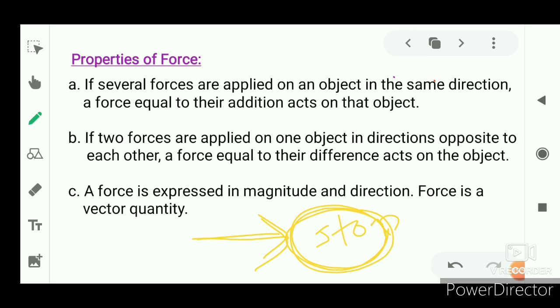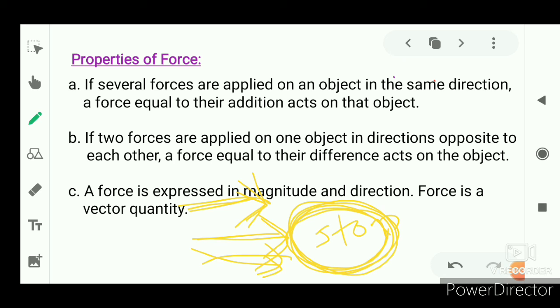जब एक person इसको push करेगा तो it will take more force. But if several men are pushing the stone, then it becomes easy to push the stone. Means that if more than one person or more than one force is applying in the same direction, then the net force is equal to the sum of the forces. अब इस पे जो फोर्स अप्लाई हो रहा है, हम सब मिलकर इस पत्थर को लौटने की कोशिश कर रहे हैं, तो क्या होता है कि उस पर जो टोटल फोर्स होगा वो हम सब का फोर्स मिलकर होगा.